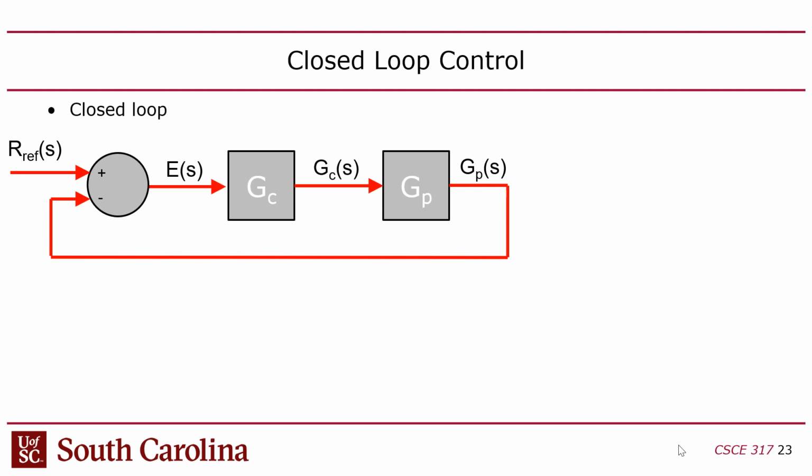The manipulated variable is the output of G sub C, which is going to end up being U actually, and then this is Y, our output from the plant. That's where the plant's at. That's the process variable. But because it's a closed loop system, we also introduce this thing called r ref, and this is the set point.